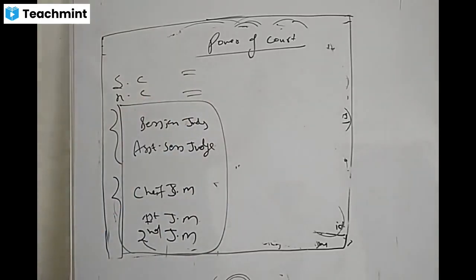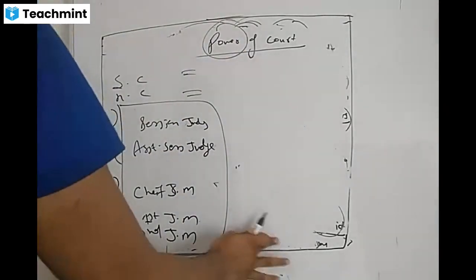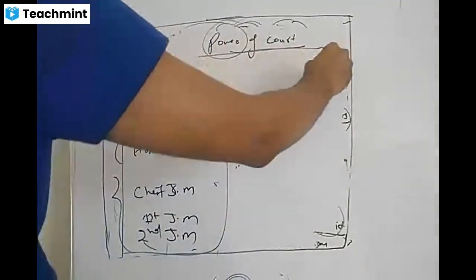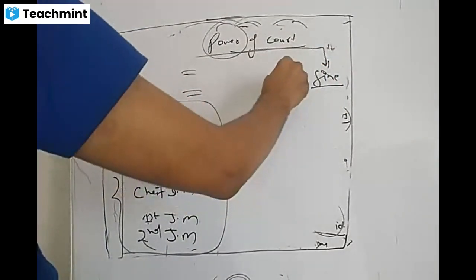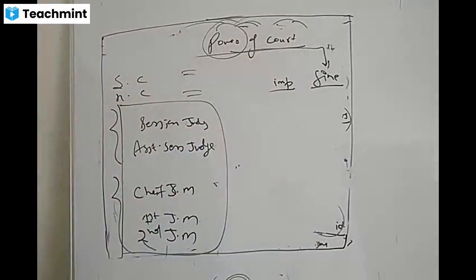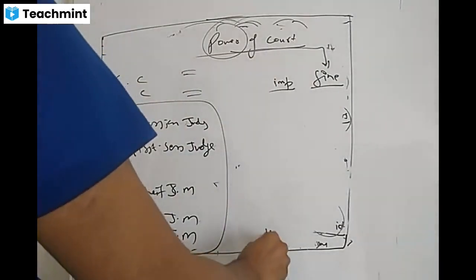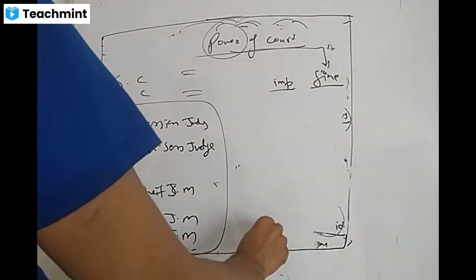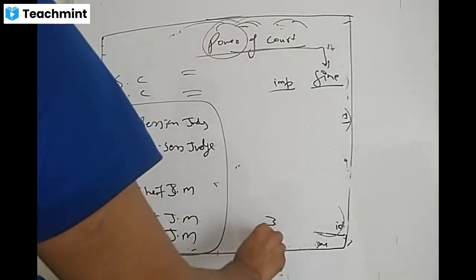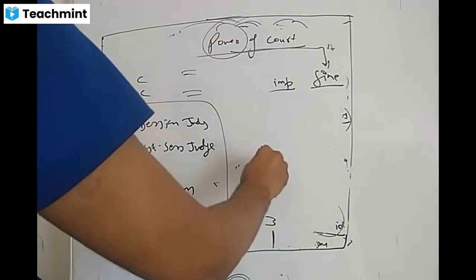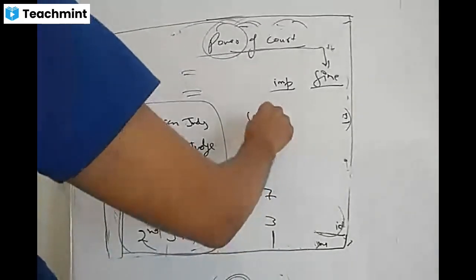So if we look at the power, it's very easy to remember. There are 2 powers. One is fine and one is imprisonment. You can remember the imprisonment: 1, 3, 7, 10, unlimited.